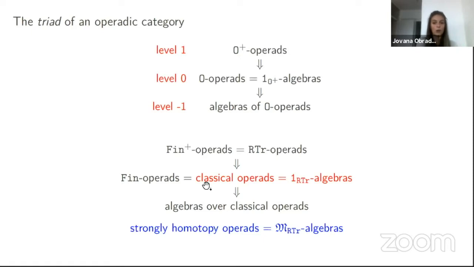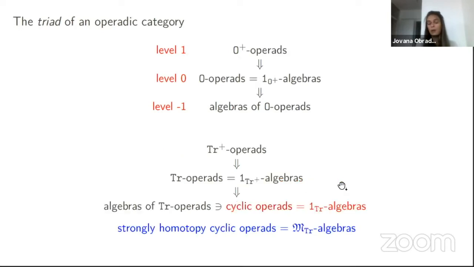As I said, once we have encoded classical operads as algebras for this terminal operad, we get the strongly homotopy version as algebras for the minimal resolution of that terminal operad. Okay, another example, we have the triad of the operadic category of trees, in which cyclic operads appear as algebras for the terminal operad in that category.